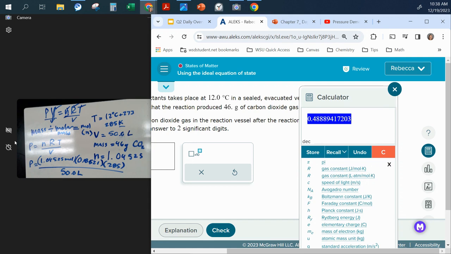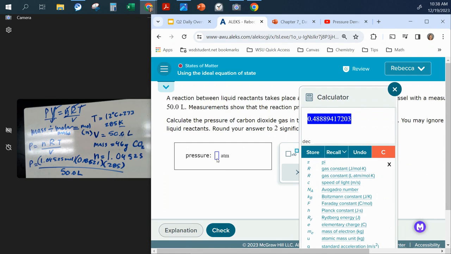Okay, so what do we find? We found the pressure. Because we used this gas constant, our pressure will be in atmospheres. And we could go through and check all of our units. Everything we wrote down, our temperature had 3 sig figs. So we're going to round this to 0.489.